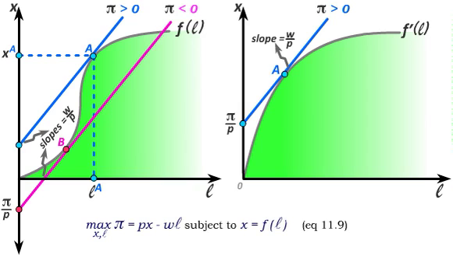We can then combine the insights from graph 11.12 with the insights here. If we have a production function that gives rise to a production frontier that has an initially shallow slope that gets steeper and steeper, but eventually gets shallower and shallower, then the calculus method will typically return two solutions to us.